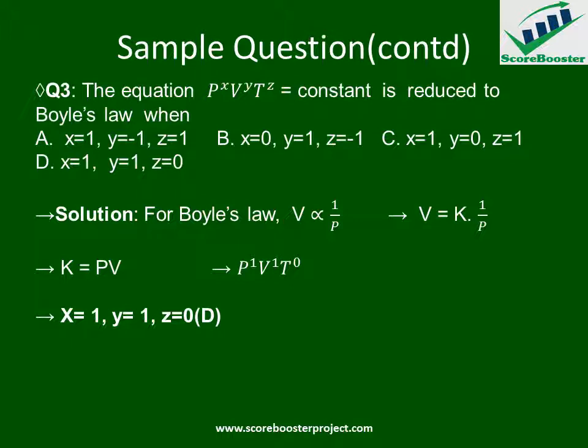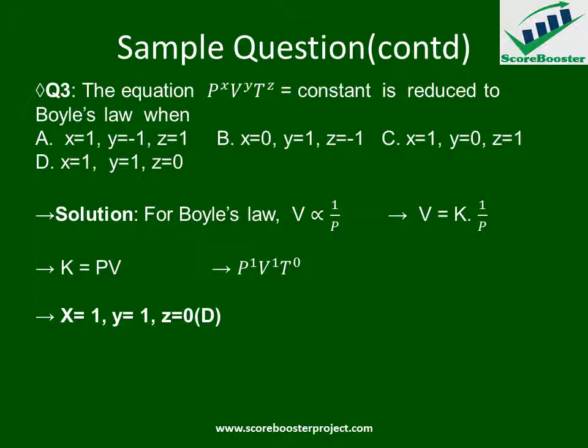Option B says x equals 0, y equals 1, z equals minus 1. Option C says x equals 1, y equals 0, z equals 1, while option D says x equals 1, y equals 1, z equals 0.